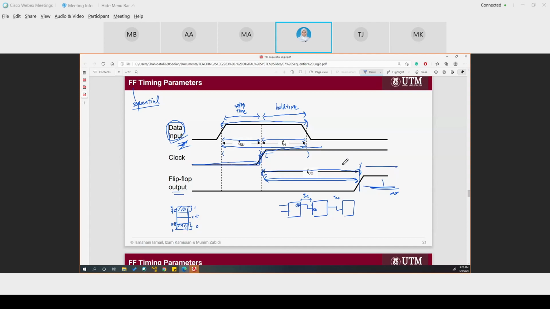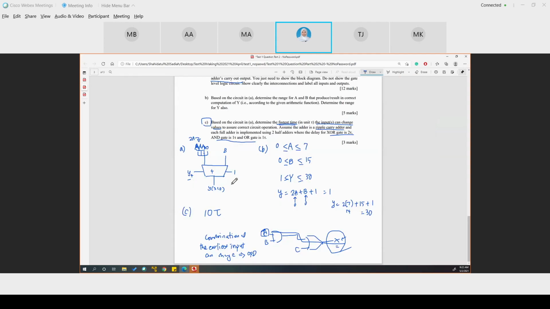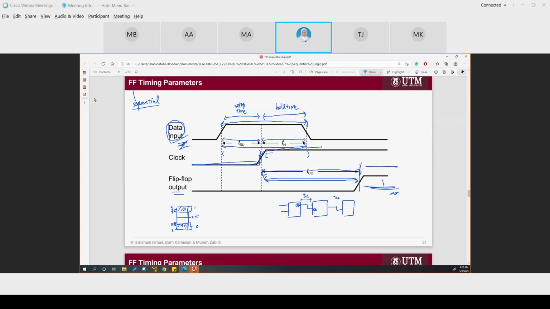So when you are asked, when is the earliest, when is the fastest time we can change the input value? For the asynchronous input, we have to change it after the critical path, after we got the answer. But for a circuit with a clock, such as a synchronous circuit, we can change the input after hold.